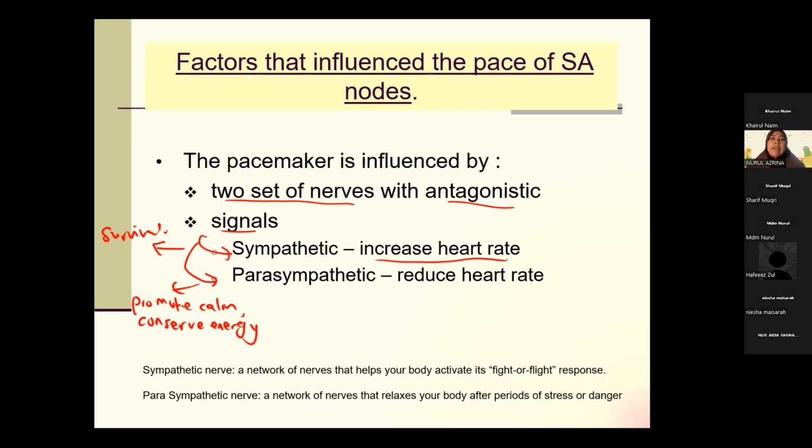For example, after a meal, the parasympathetic nerve will be activated. That's why after eating you will feel sleepy. Right? Why? Because one of the factors is that it reduces your heart rate. The parasympathetic nerve will reduce your heart rate. Okay? Right. So that is the first factor that influences the action of your pacemaker. Okay? Which is the SA node.